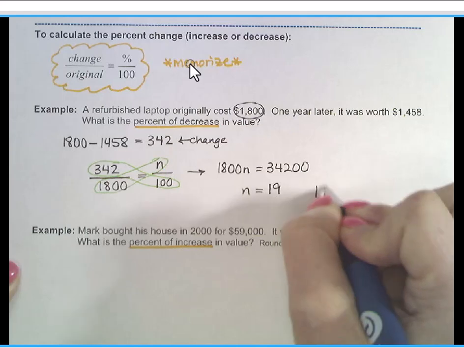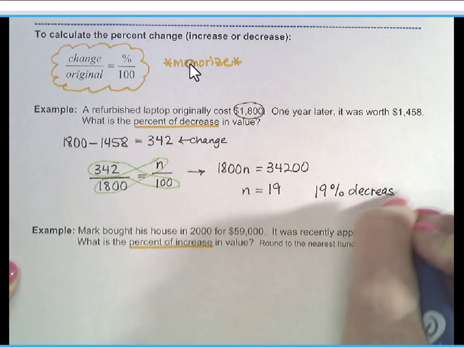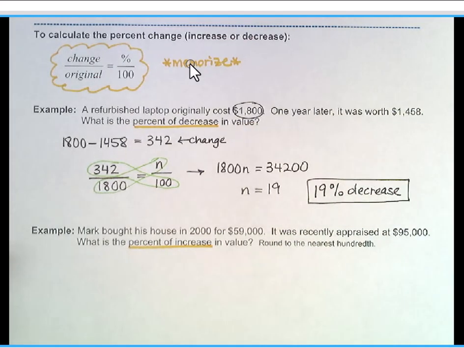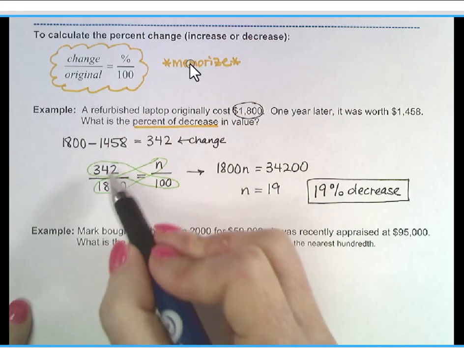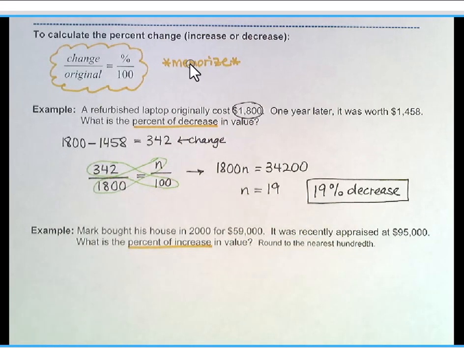So that means it was a 19% decrease. You don't have to mess with signs, right? Pluses and minuses. The decrease indicates it's negative, so 19% decrease. Change over the original equals n over 100. And you're going to work percent increase the same way.